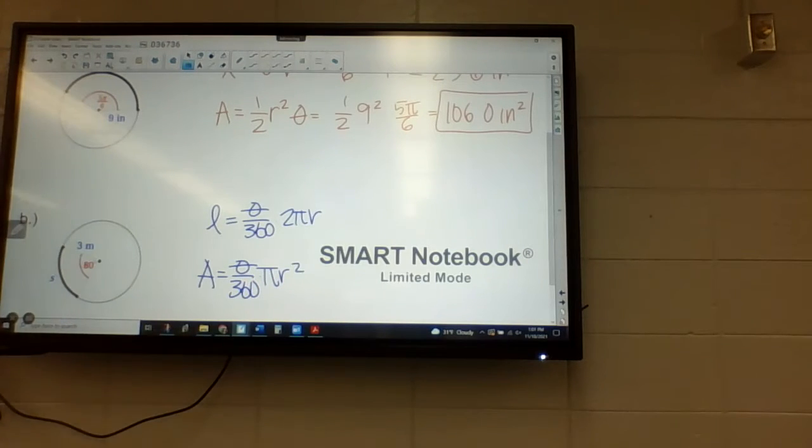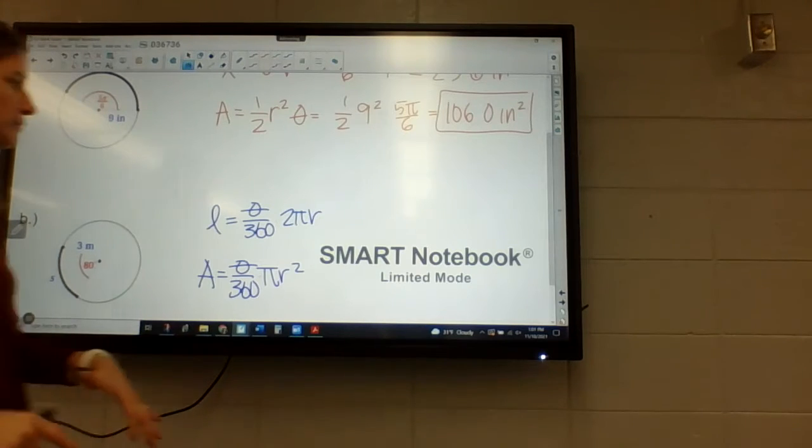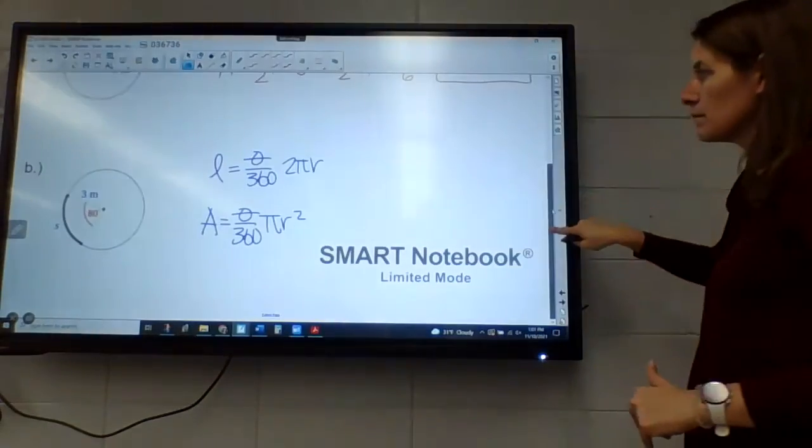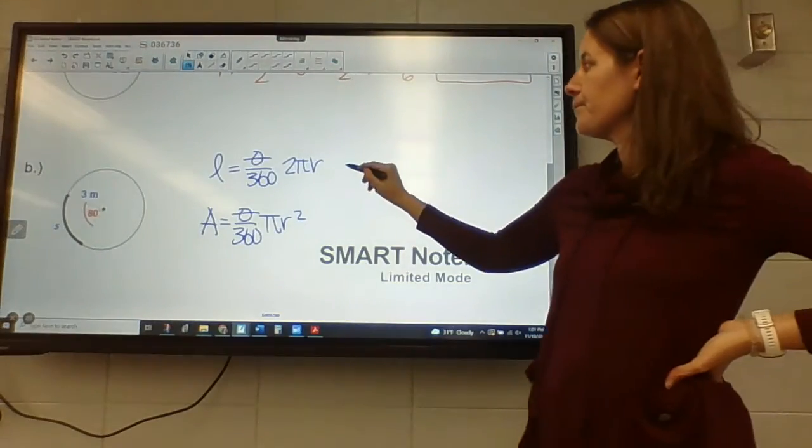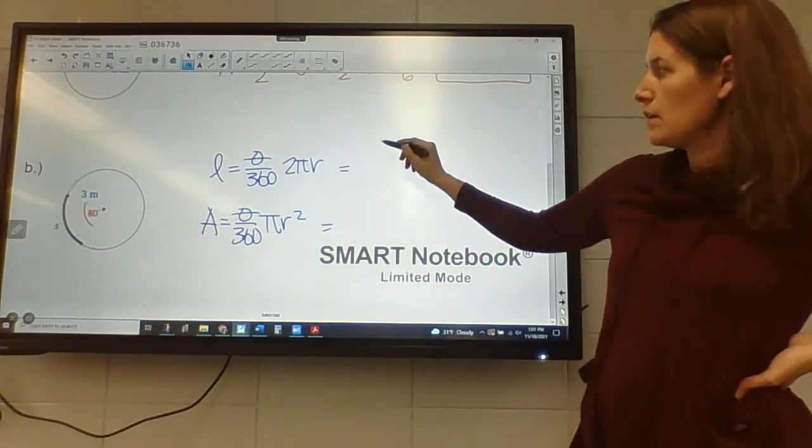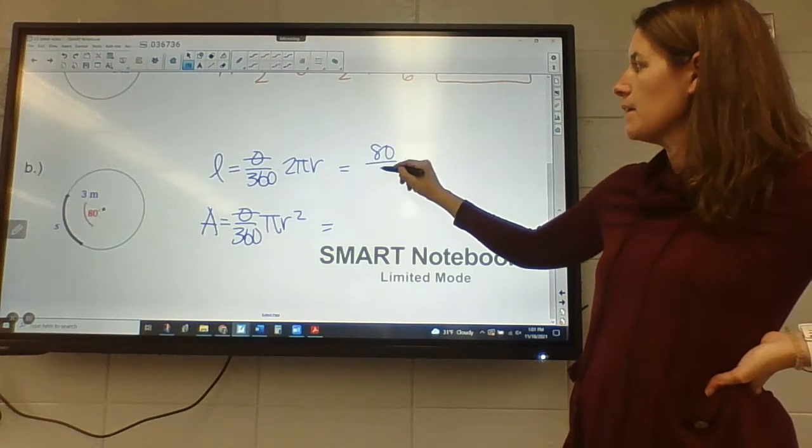We have these two formulas now, the arc length versus area of the sector. So our angle is 80.